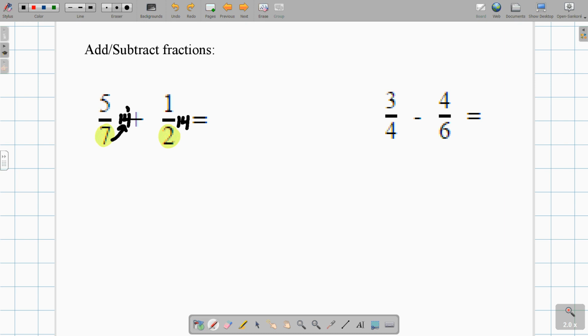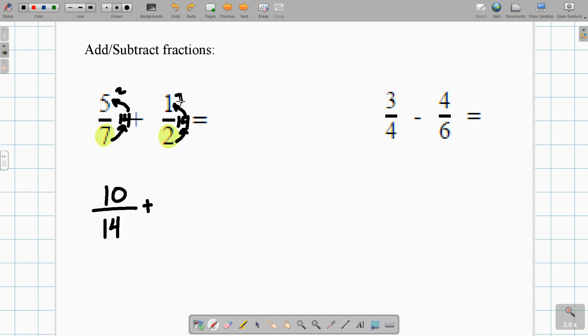We're not solving for a variable, so we can't clear the fraction completely. Arrow in, arrow out. 2 goes into 14 7 times. 7 times 1. So I'm going to do 7 over 14.